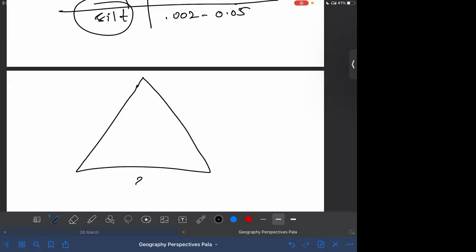There will be sand, there will be clay, and there will be silt. Soil is a combination of these three. In every region, you will see the domination of one factor.